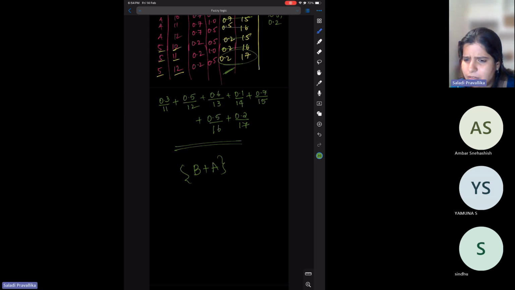Extension principle. Where is it? Let me just check. Is it part of fuzzy sets?